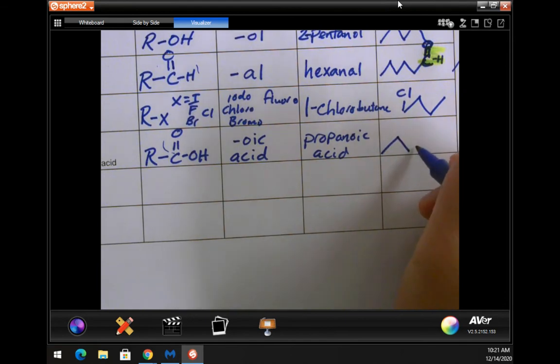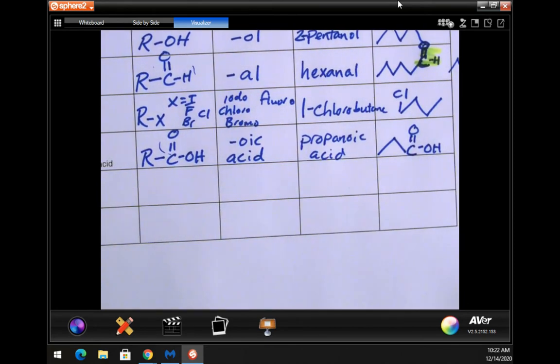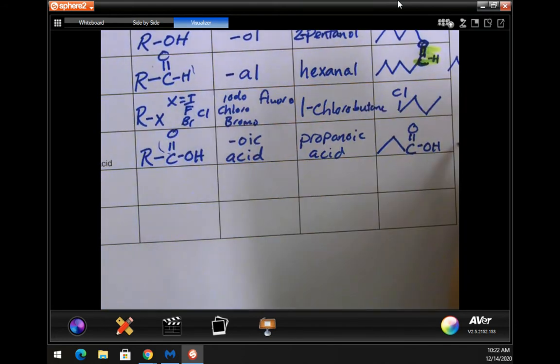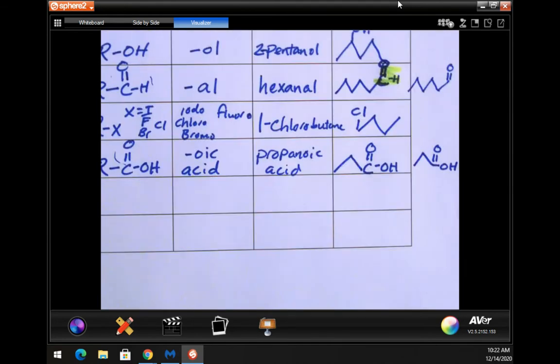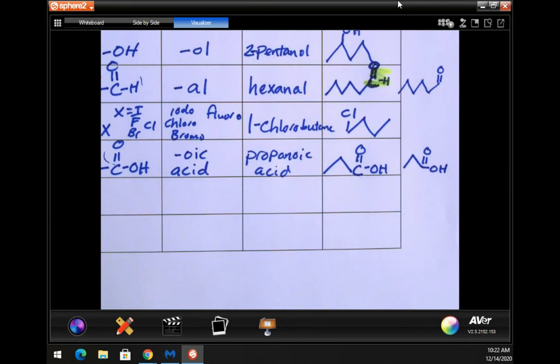And again, a lot of times they'll have the C drawn out here. And so then they just put a double bonded O and an OH. So the carbonyl and the hydroxyl group added together. And again, there wouldn't be anything wrong with just doing it this way, like that. Same thing.